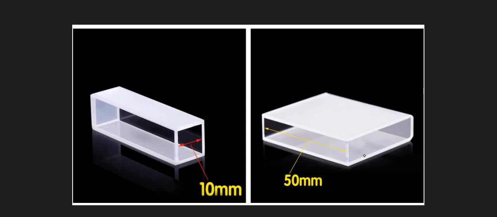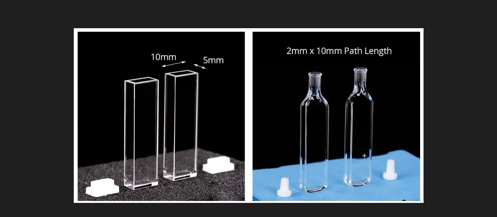So these are some unique types of sample holders which will be used for certain specific kinds of analysis. And then here we have cells which have different dimensions but all 4 sides are transparent, and these can be used in spectrophotometers, as we have already discussed.